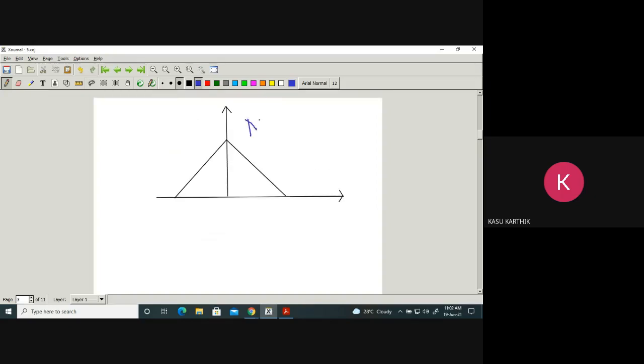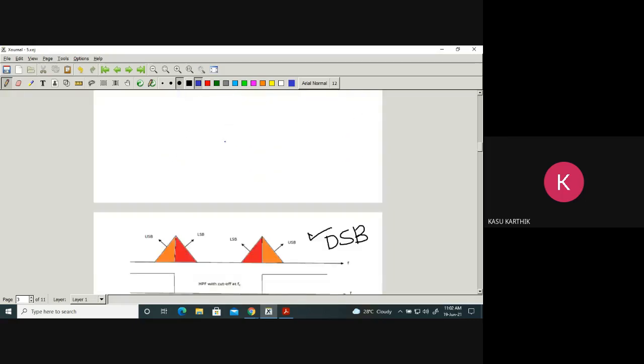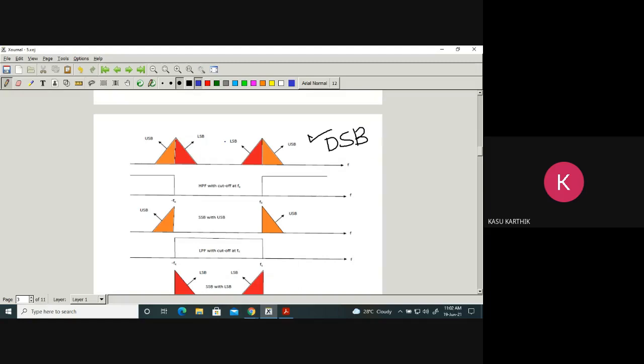Please remember, it starts from 0 and has a bandwidth W. This is the maximum amplitude of the spectrum; you can take 1. Now, if that is the message spectrum, this is the DSB spectrum having two sidebands.